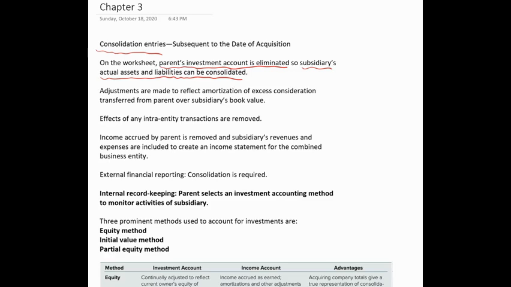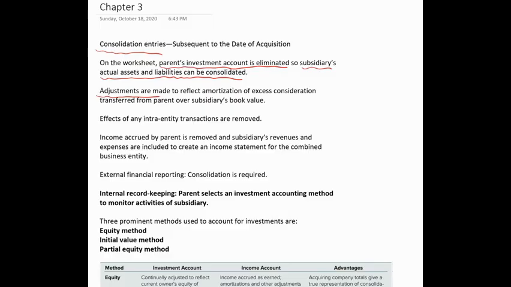Subsequent to the date of acquisition, in other words, probably at the end of the period after the acquisition, there are some adjustments that need to be made, like amortization or depreciation related to the assets or the liabilities that have a different fair value from book value. So there would be some adjustments we need to make.